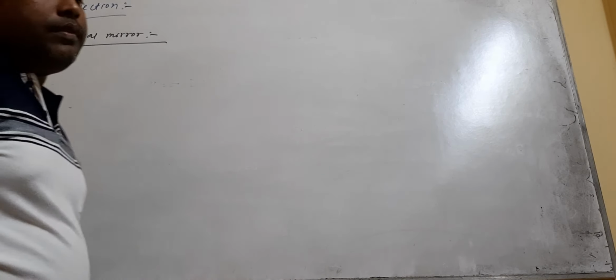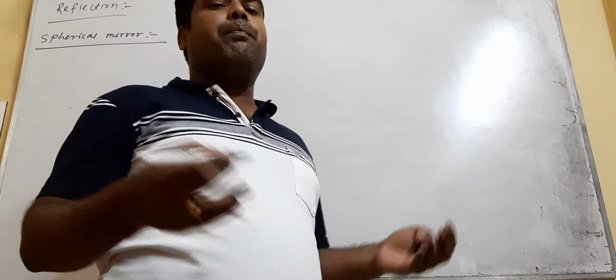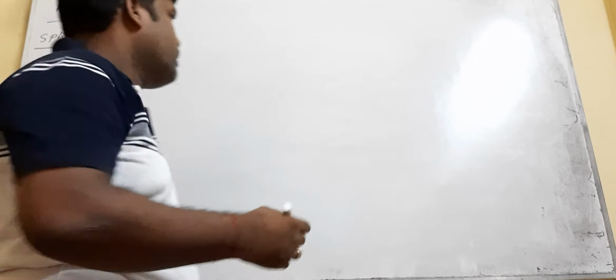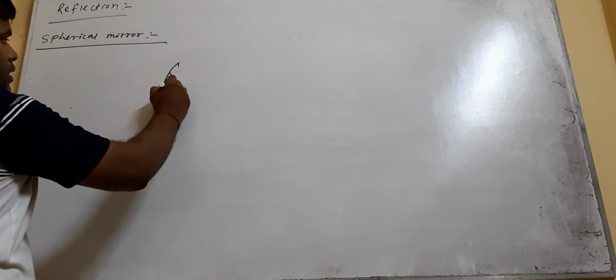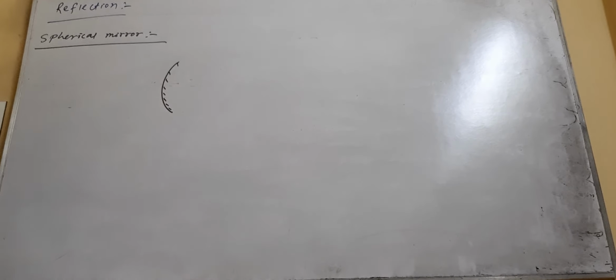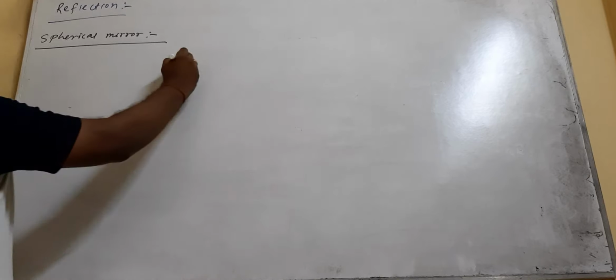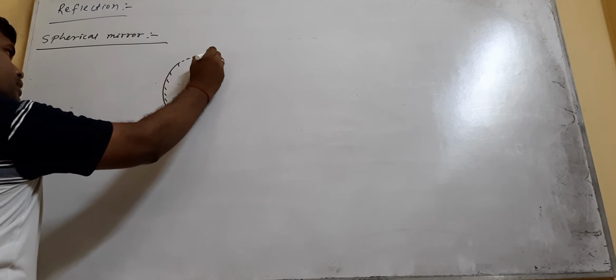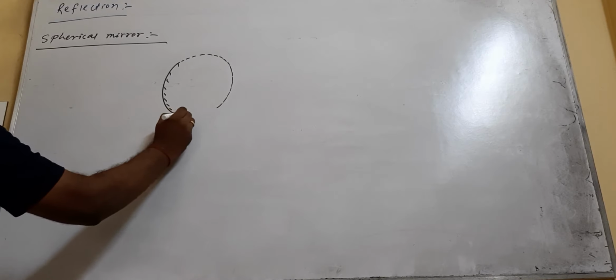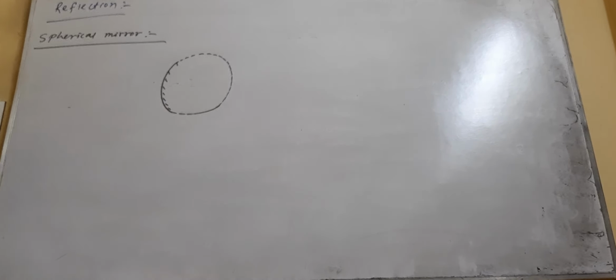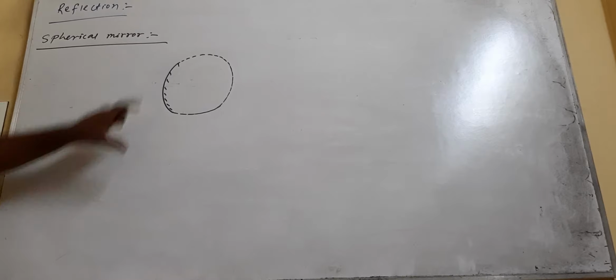It is the mirror which forms a part of a sphere. You see, it is one spherical mirror. You imagine a sphere of which this mirror forms a part.